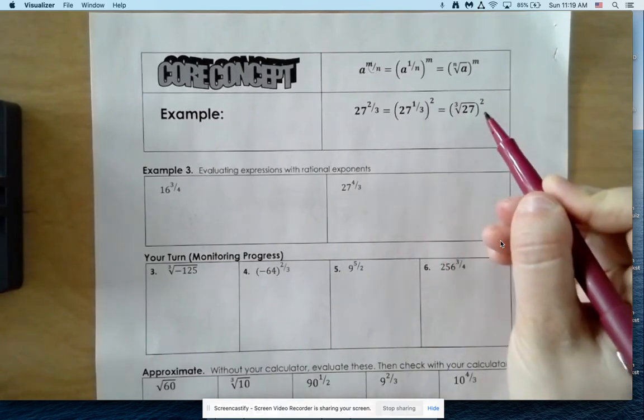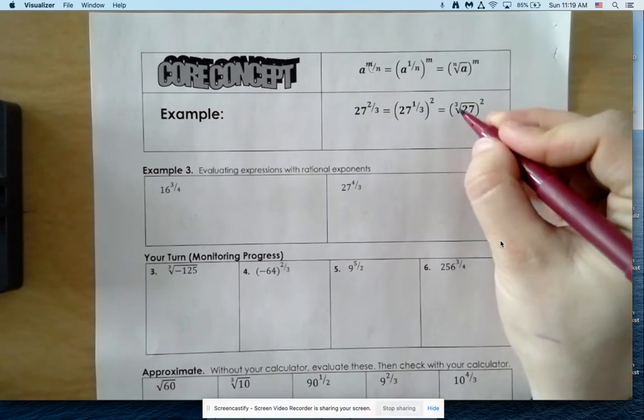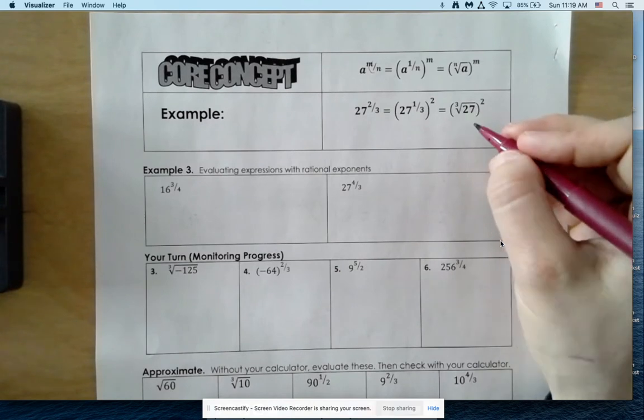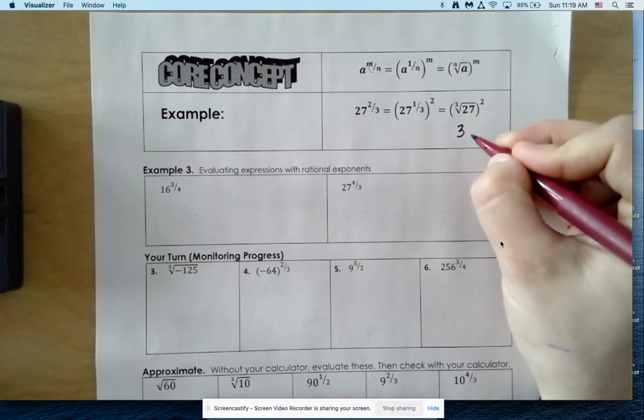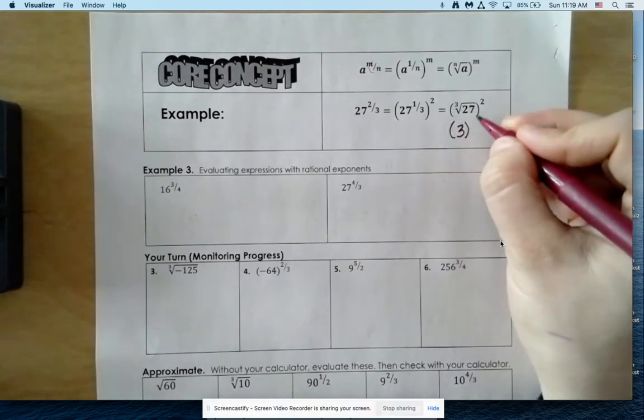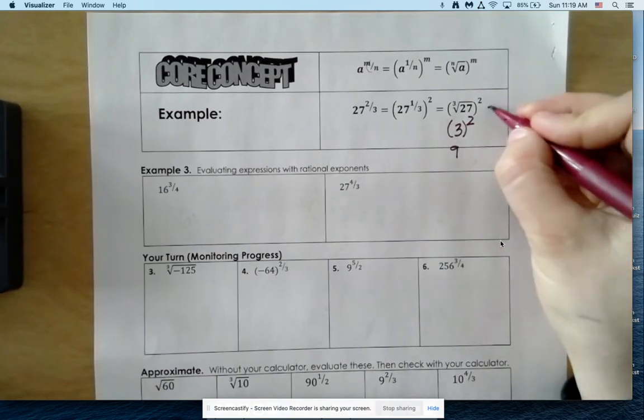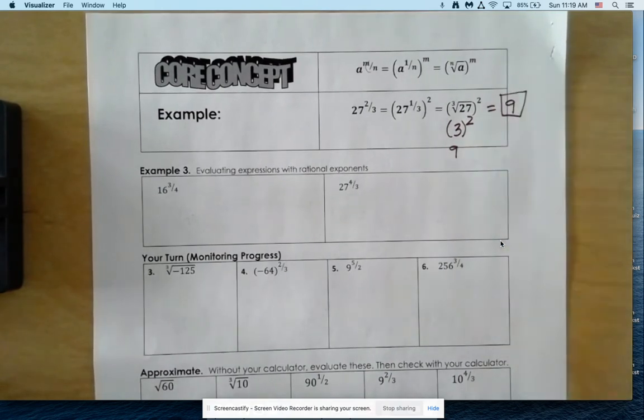What is the cube root of 27? What number times itself 3 times is 27? Should be 3. And now we have to square that. So your final answer should be 9. So this whole thing just equals 9.